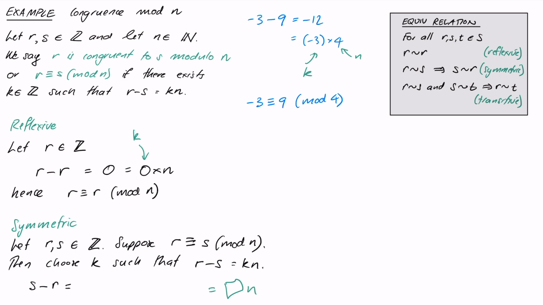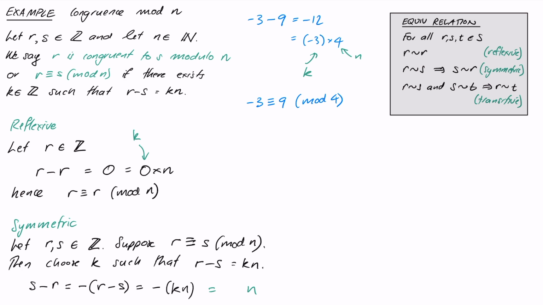Well, we know what r minus s is, so perhaps the obvious step here is to take a negative sign outside and to turn that into negative (r minus s). The reason we do that is because we want to somehow make use of the information that we've got up our sleeve, which is that r minus s is equal to k times n. We've got that k. So that means that is equal to negative k times n.